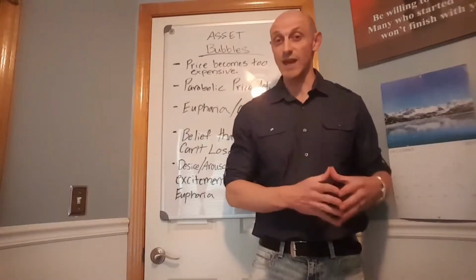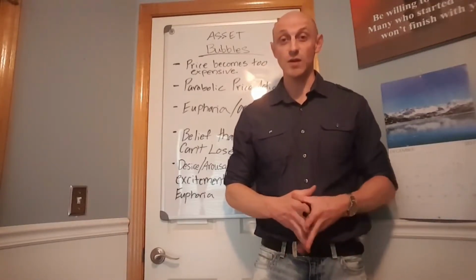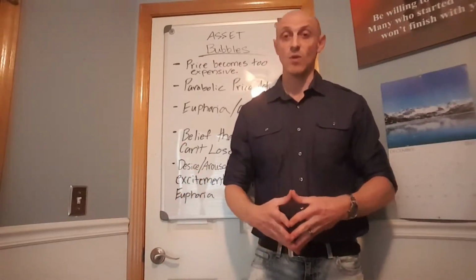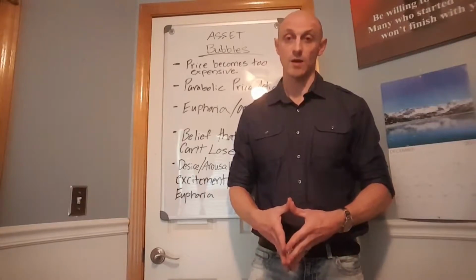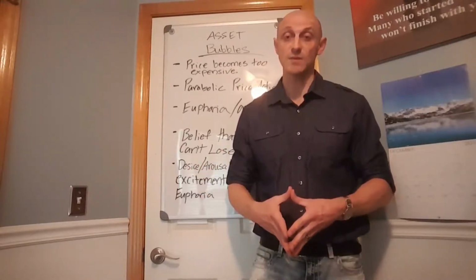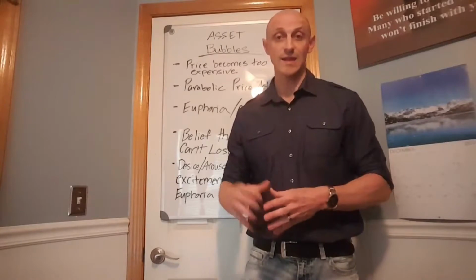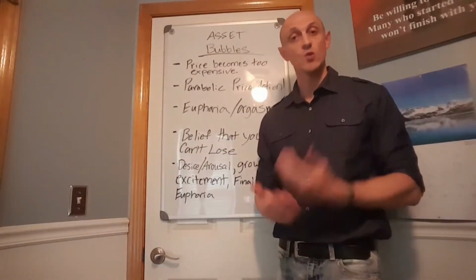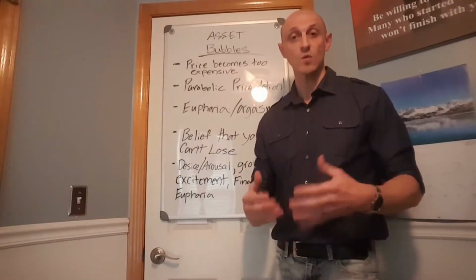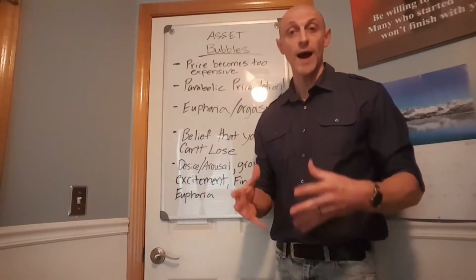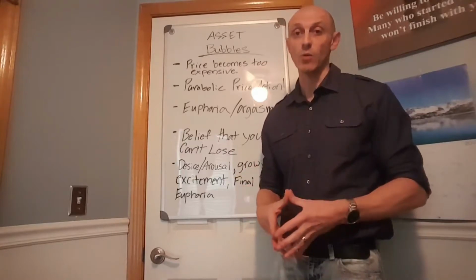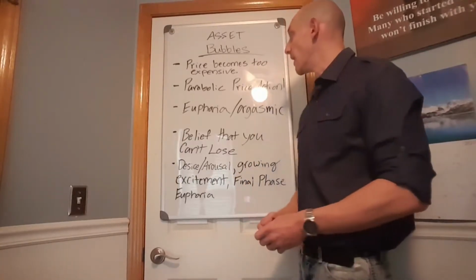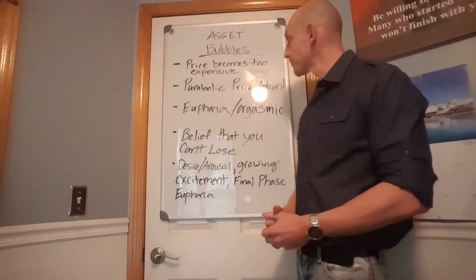Given historical data on the amount of cash flow most Americans have after they get paid and pay all their bills, most people can't afford that. I'd say probably about 75 to 80% of people can't afford stocks at that price level. So that's one thing to look at. If the stock is too expensive for most ordinary people to own or buy, you're looking at a bubble. Again, it's my opinion. You can disagree with me on that if you want. Everybody's entitled to their own opinions here.